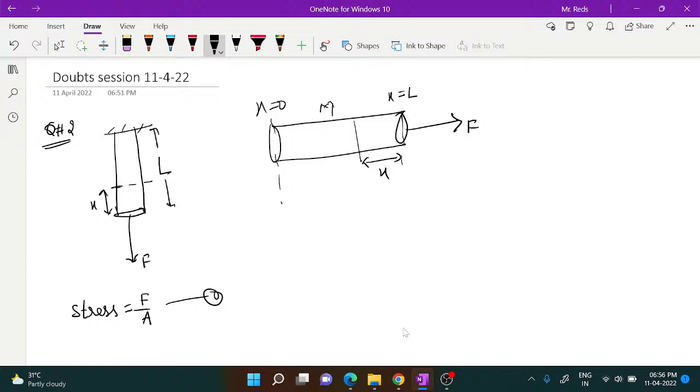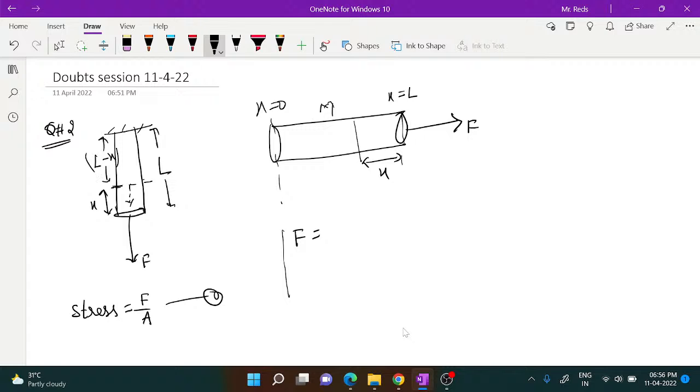When force F is acting on the entire mass, at this point only this part of the mass will be there, so the mass beyond may not contribute when the force is calculated. To understand the force acting, observe that this is x, so the length of the rod above is total length L minus x. On L minus x length, what is the force?